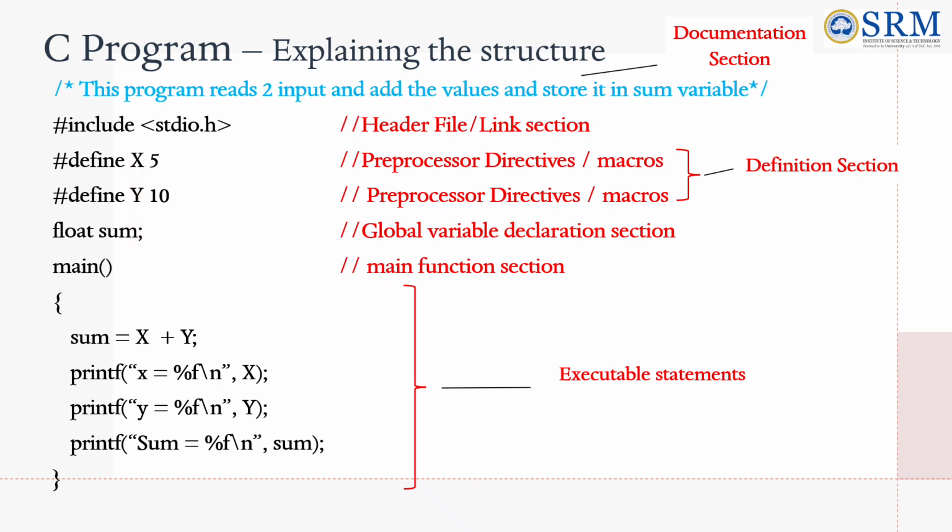This is only to differentiate macros from normal variables. You want to write in lowercase? It is not a problem. You can very well use it. When the macros are defined and used in the program, the preprocessor substitutes the values for the macros in the program.